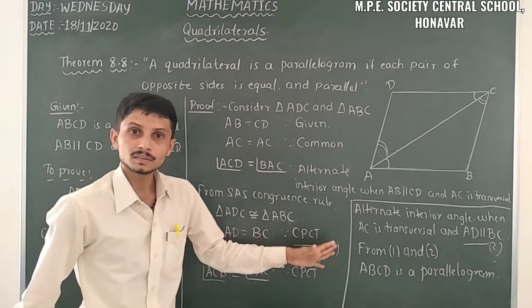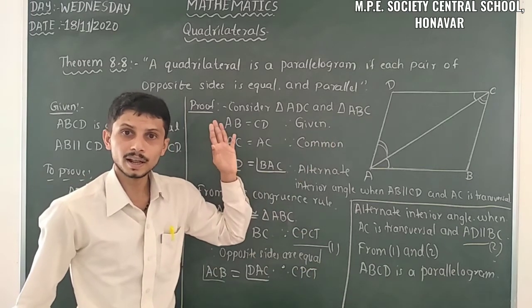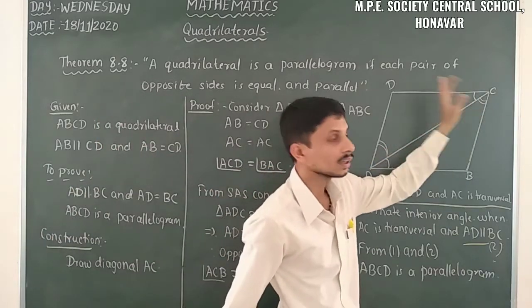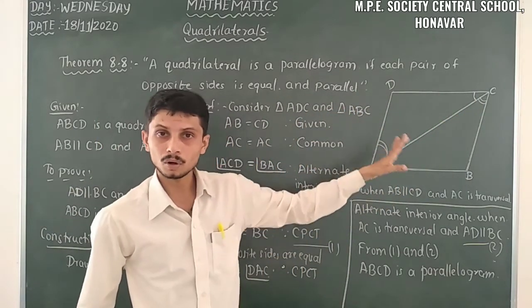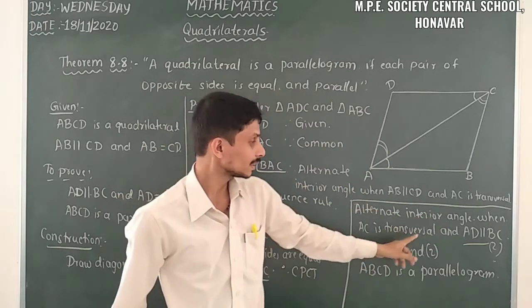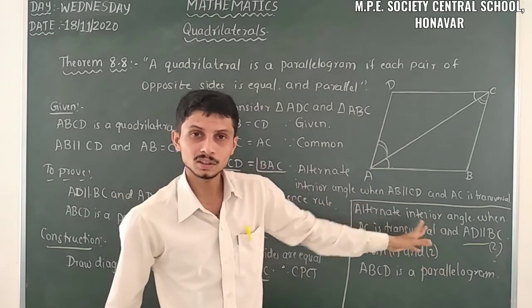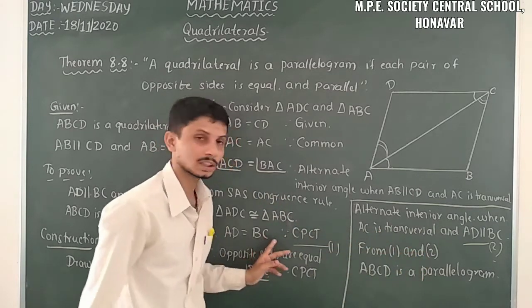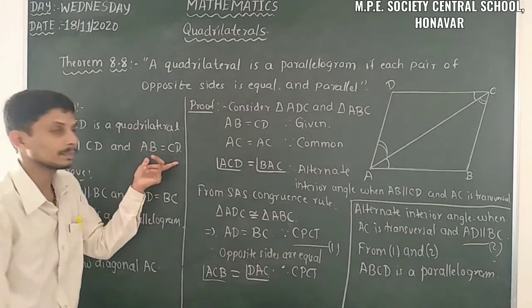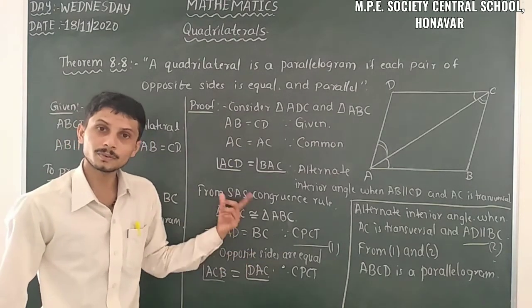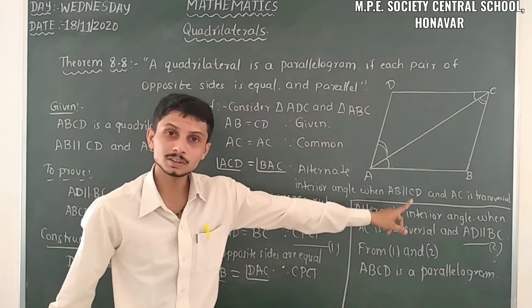Then the alternate interior angles are also equal, since these are corresponding parts of congruent triangles. It becomes an alternate interior angle pair when AC is a transversal, and so AD is parallel to BC. From those two things, we have AD equal to BC and AB parallel to CD, and along with that, from the proof, AD is also parallel to BC.